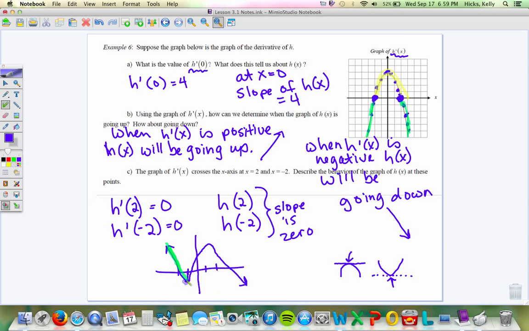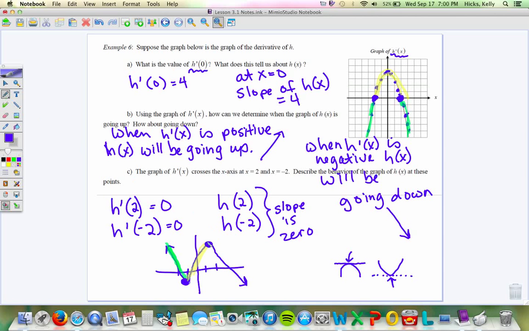Now, right there where the big blue dot is, I'll put a big blue dot here. That is where, right here, we have a slope of 0. Now, through the yellow area, through this part right here, our h prime of x is positive. That means our original function has a positive slope. And then what happens here?